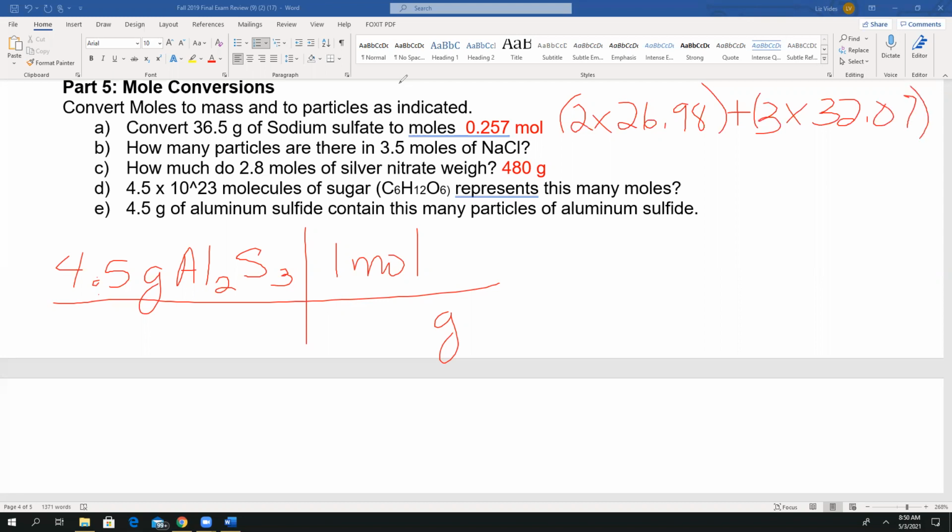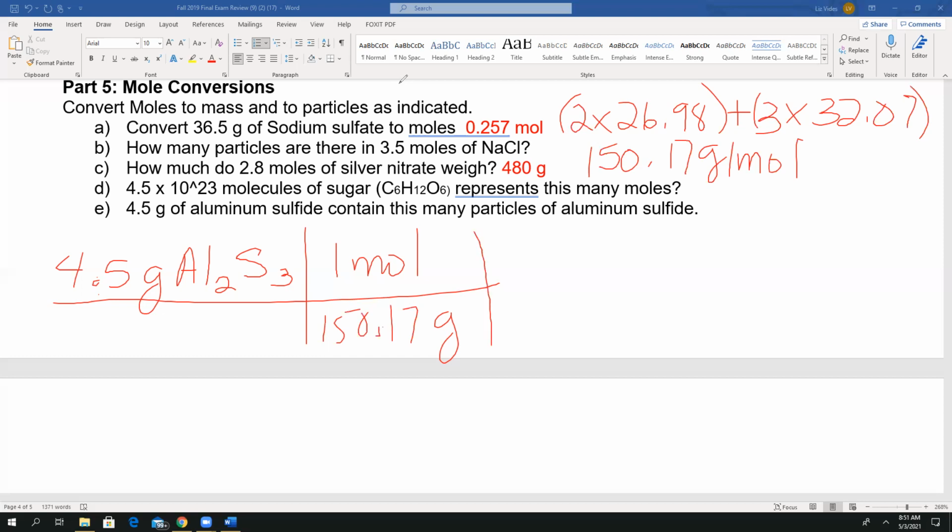Once you add it, let's see what I get. 2 times 26.98 plus 3 times 32.07 equals 150.17 grams per mole. So the bottom here needs 150.17, right?